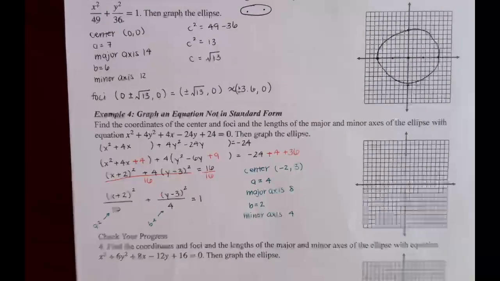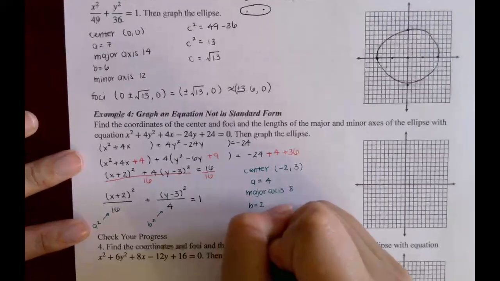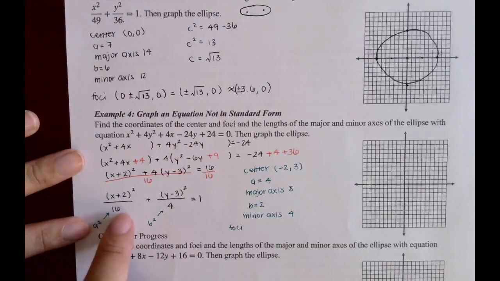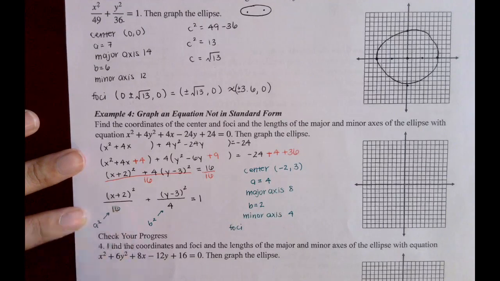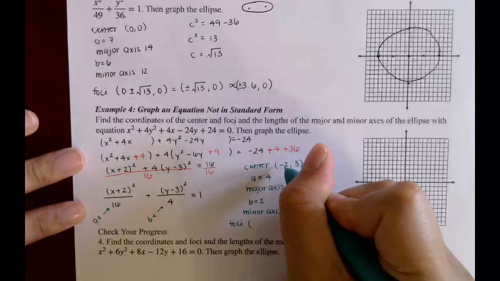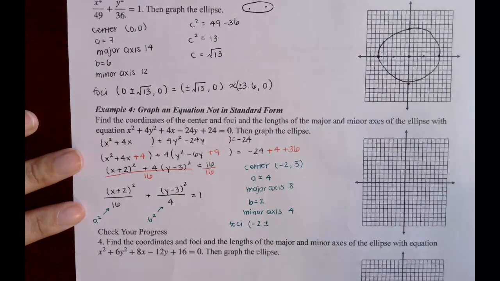Okay. Now all I'm missing is my foci. Since a is underneath x, your foci is going to affect x. So it's going to take whatever your x is here, −2, and it's going to be plus or minus whatever that foci number is.